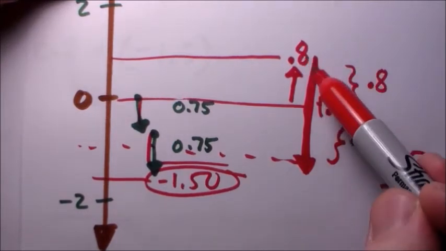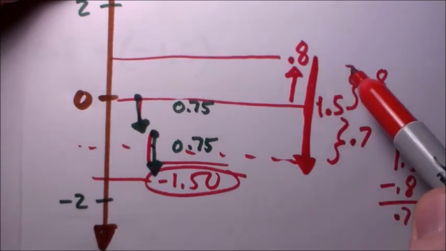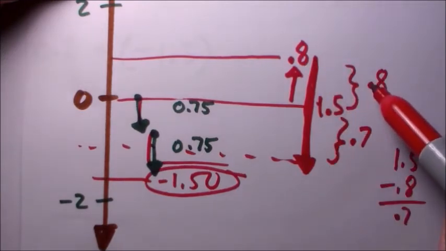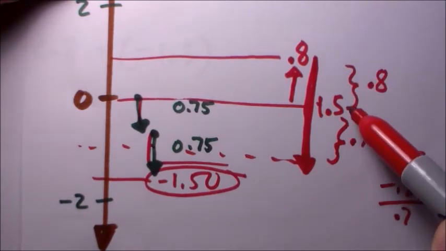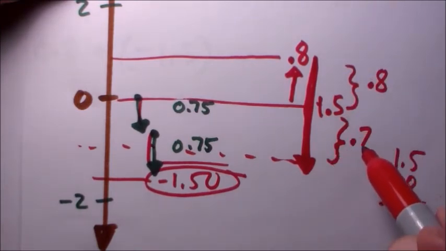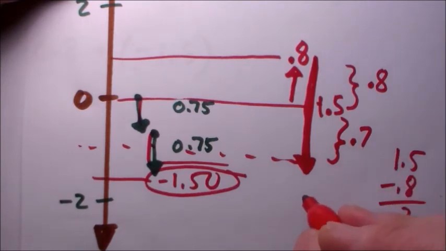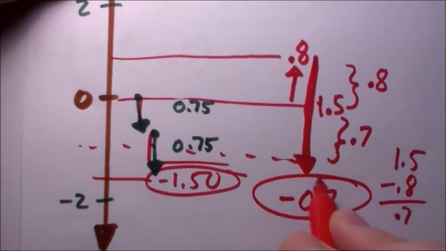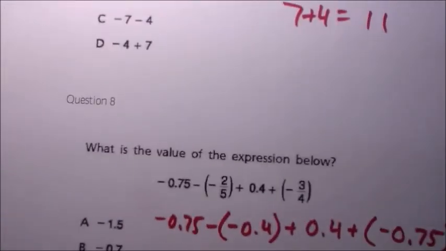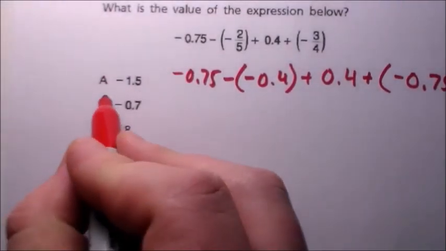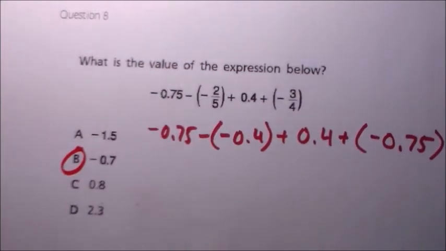We start out at 0.8 positive. We lose 1.5. The first 0.8 of that 1.5 gets us back to 0. And we have 0.7 left to travel negative. So our answer is we're going to end up in the negative zone, at negative 0.7. And if we flip way back to our answer choices, here we go. It's B. We're good to go.